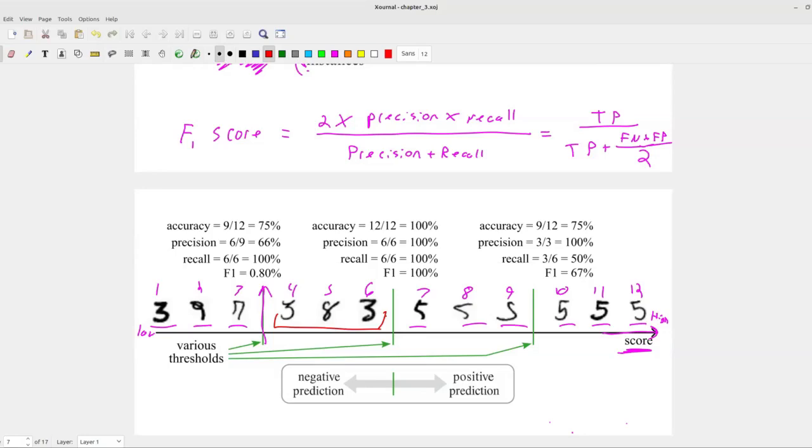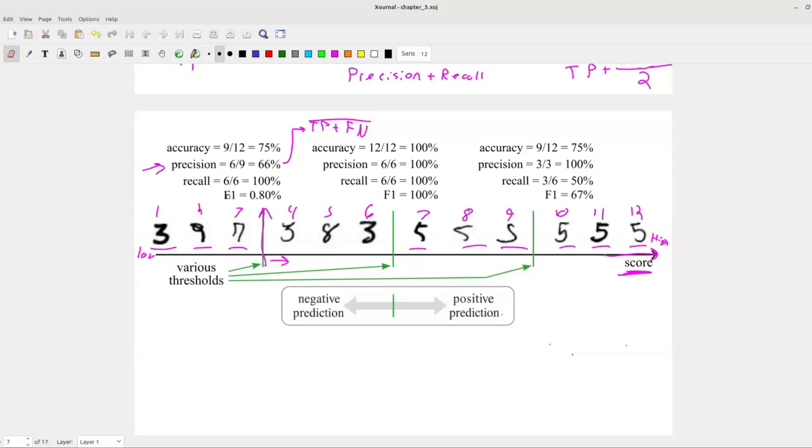However, if we think about it, at the same time, what we have is a recall of 6 out of 9, right? And we get a recall of 6 out of 9 because recall is true positive over true positive plus false negative.